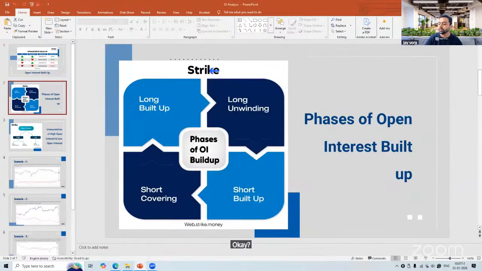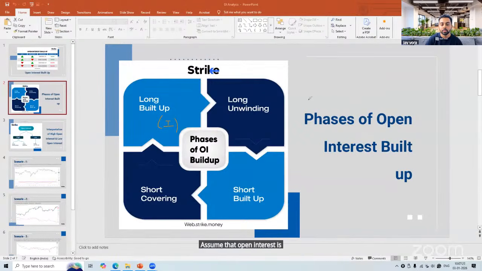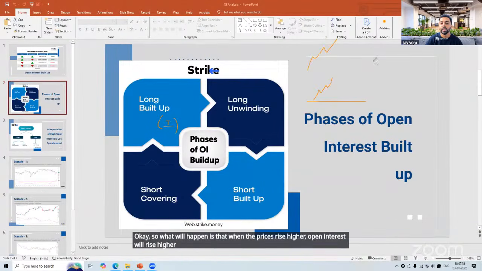So this is what happens almost in every stock. There are phases. Phase one: assume that open interest is towards the lowest. When the prices rise higher, open interest will rise higher, and this is the phase of long buildup.